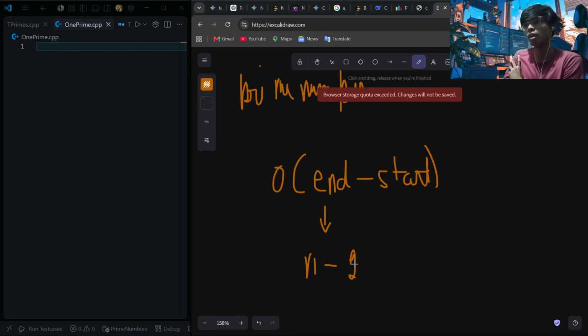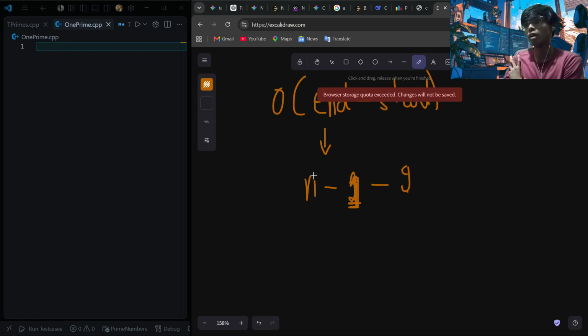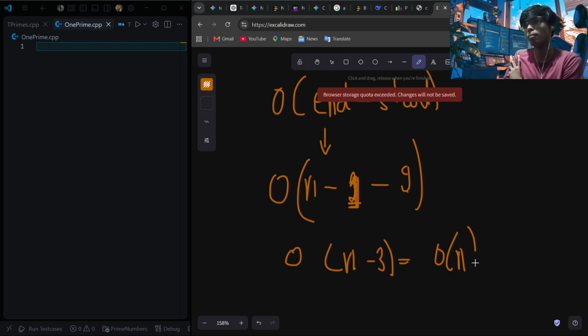And from where have I started? I have started from 2. So just write big O of n minus 3. Or we can also write it as big O of n, because this constant factor will be removed. So I will get the time complexity equal to big O of n.